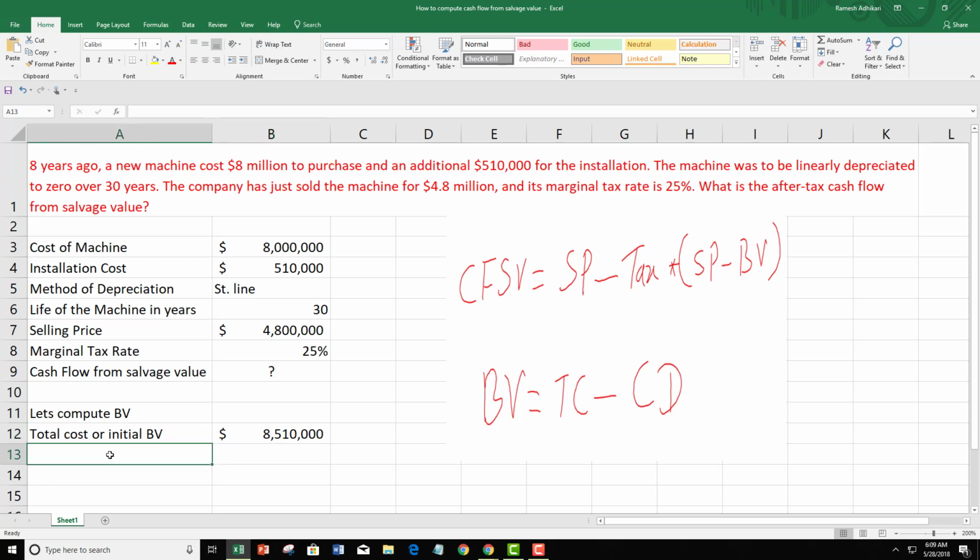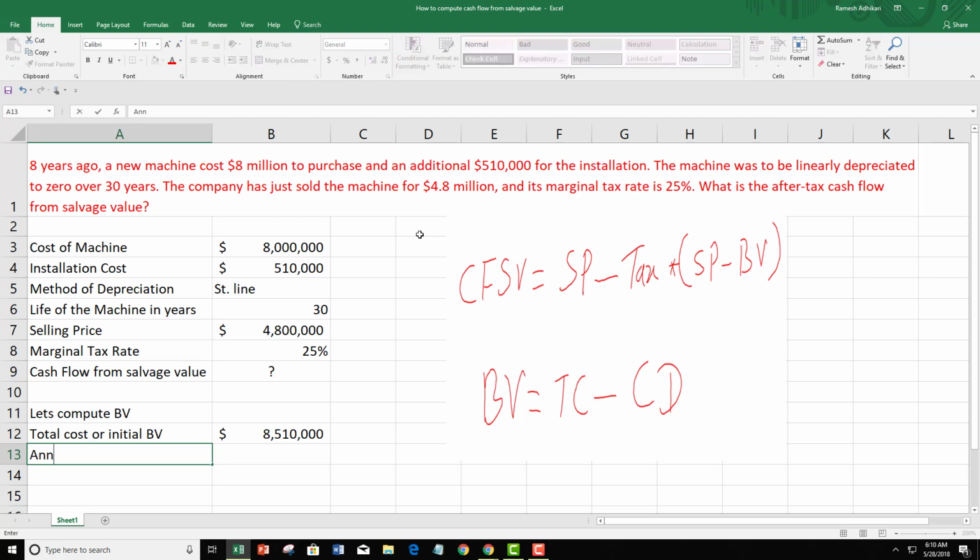So now we need to compute the cumulative depreciation, meaning the machine was purchased and used for 8 years, and during those 8 years there was a depreciation. How much was the total depreciation over 8 years? That we have to compute. In order to compute total depreciation for 8 years, we need to compute annual depreciation, right?